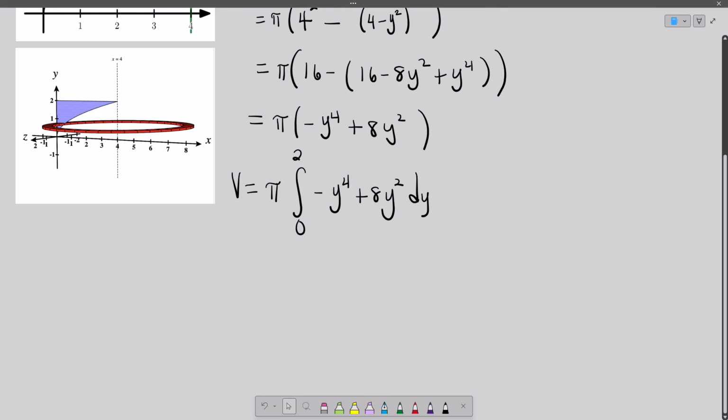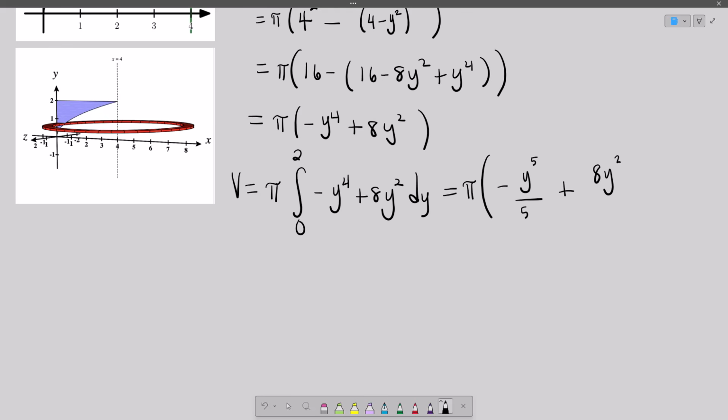Perform our integration using the power rule. So we will get minus y to the 5 over 5 plus 8y cubed over 3 from 0 to 2. 0 is not going to contribute in this case. No volume coming from the 0.